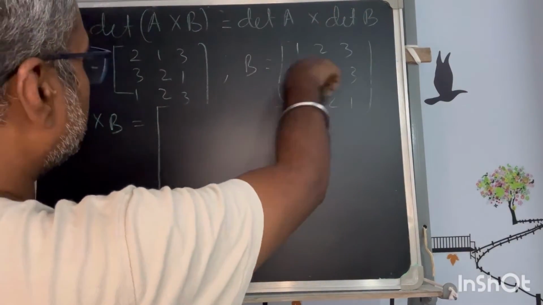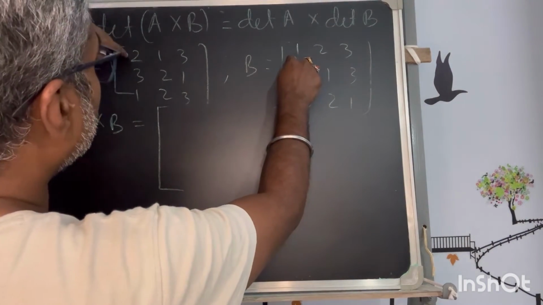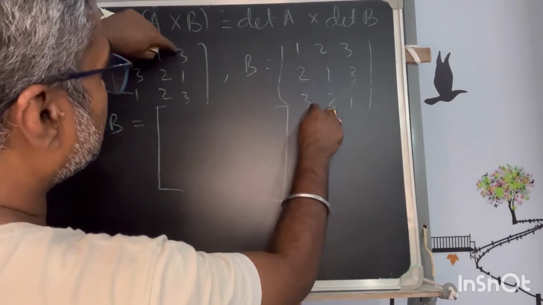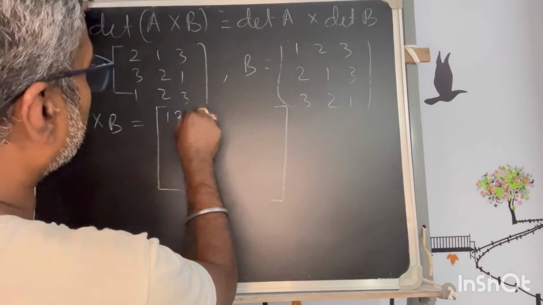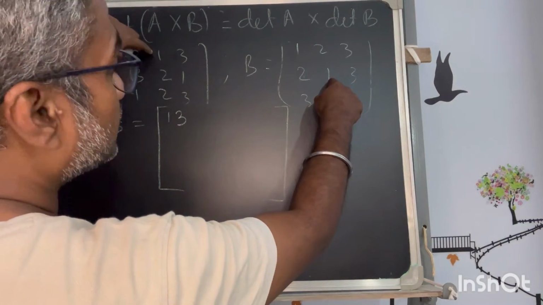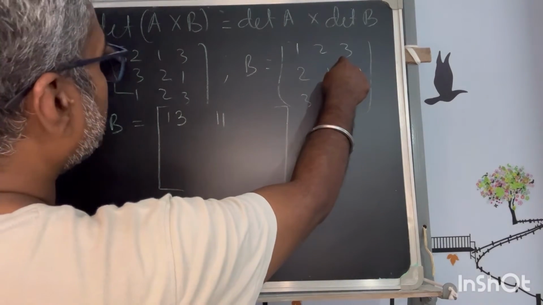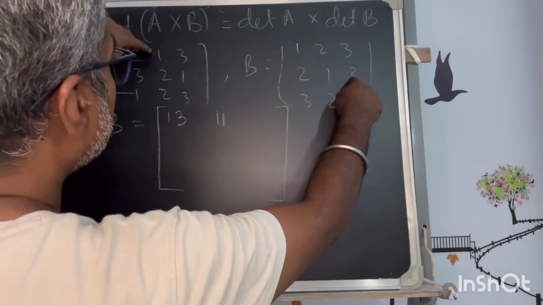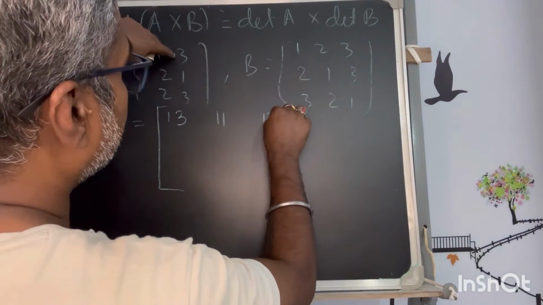For the first row I have to complete this, then the second row and third row. So 2 into 1 is 2, plus 2 is 4, plus 9, 4 plus 9 is 13. Okay. 2 into 2 is 4, plus 1 is 5, plus 6 is 11. 2 into 3 is 6, 6 plus 3 is 9, 9 plus 3 is 12. Okay.